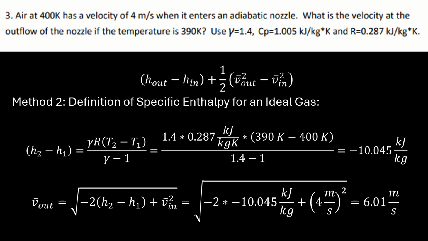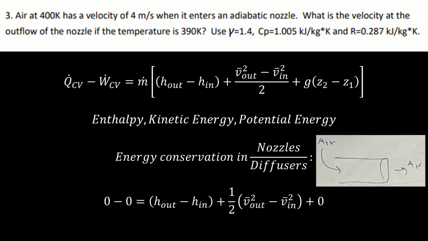Now, our outflow velocity is still going to be the square root of negative 2 times the difference in specific enthalpies plus the inflow velocity squared. And as we plug in everything, we're still going to get about 6.01 meters per second.